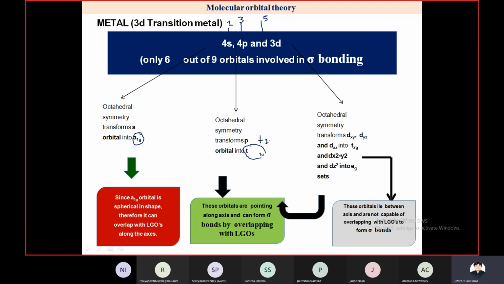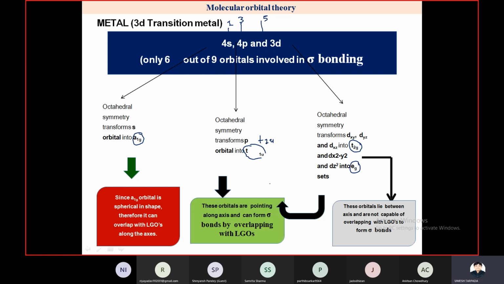This is T1U and this is A1G, and T1U is the symmetry of the p orbital. The d orbitals are of two sets, T2G and EG. So dxy, dyz and dxz are transformed into the T2G set, and dx square minus y square and dz square are transformed into the EG set.